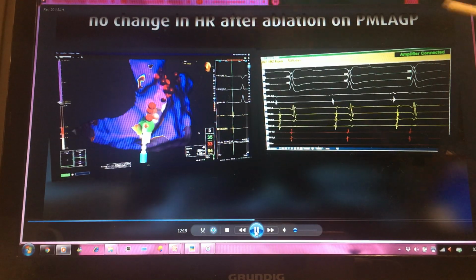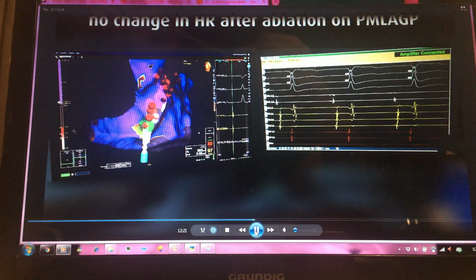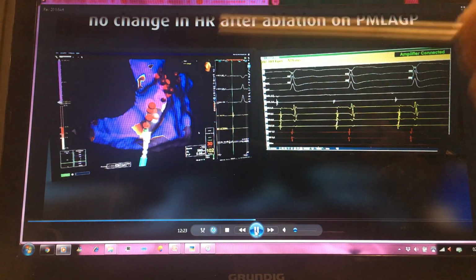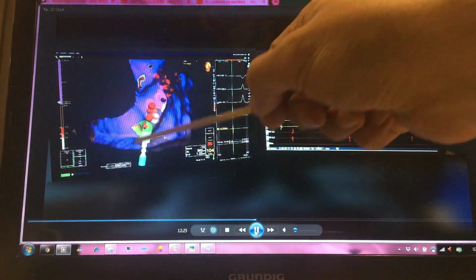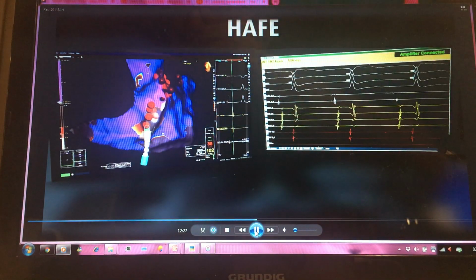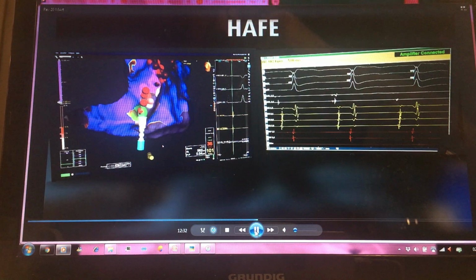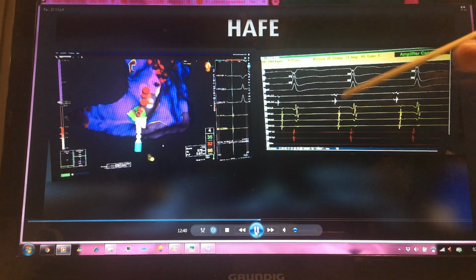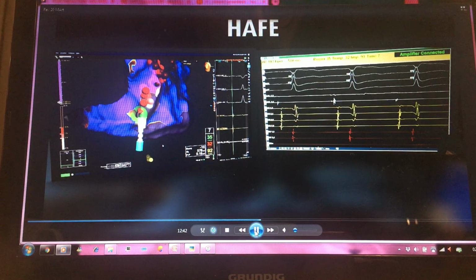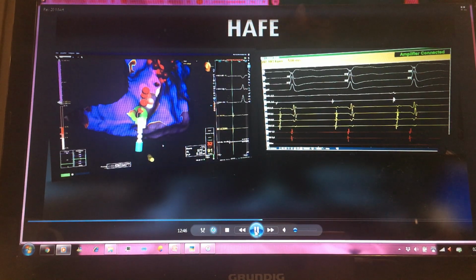We usually don't see any significant increase in heart rate during RF application at those sites because, as I mentioned before, ganglion C mainly provides vagal innervation of the atrioventricular node, but we perform ablation at that site just for complete vagal denervation. You can see fragmented electrograms here. Again, we try to completely eliminate all those electrograms.